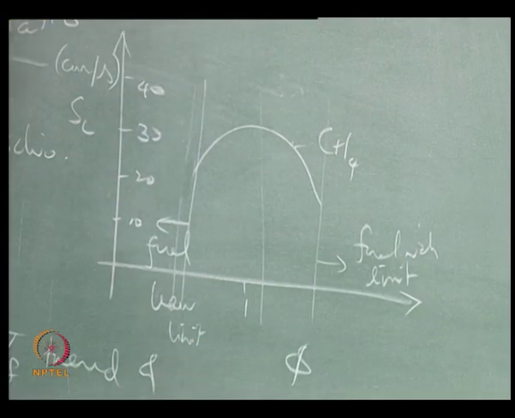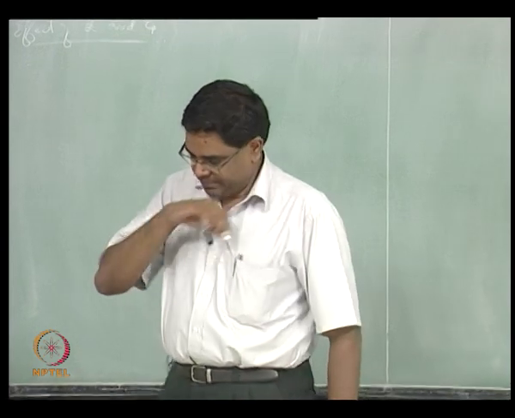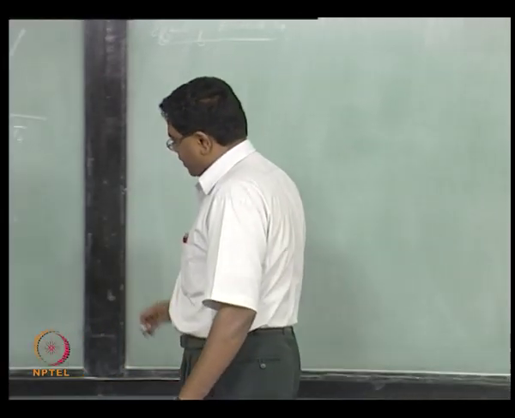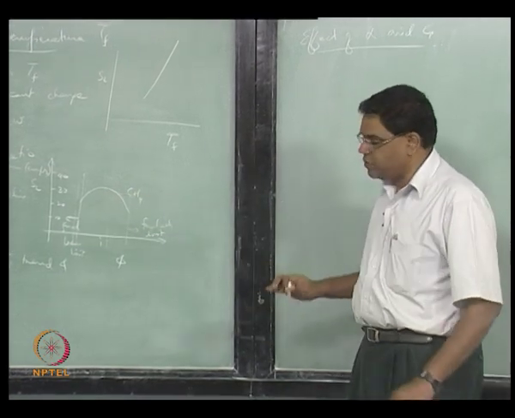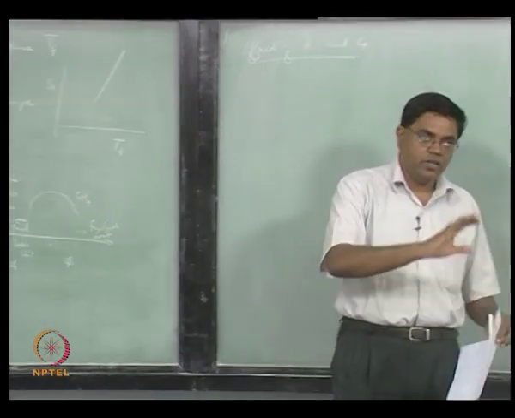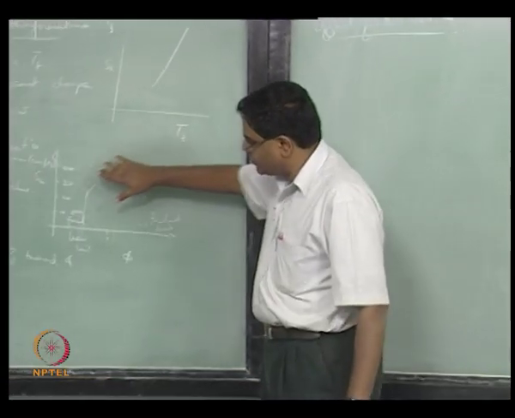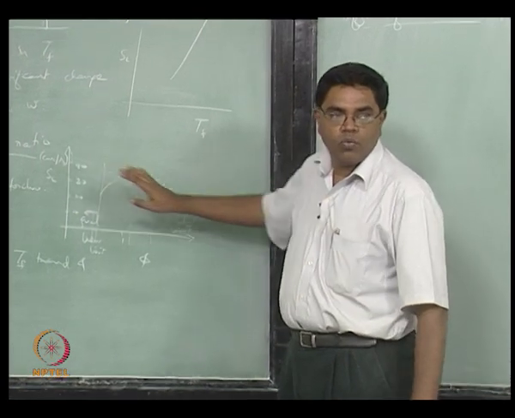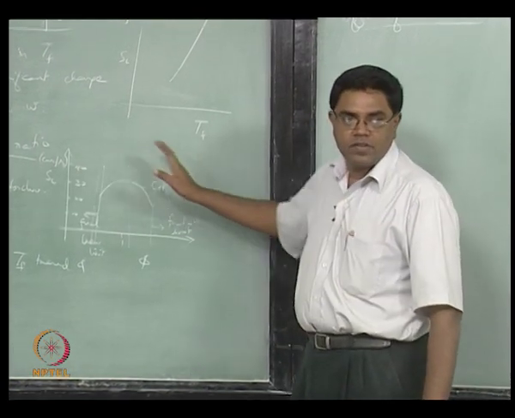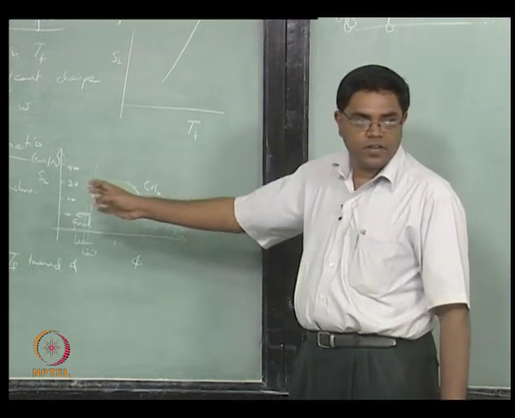That means if you now have too much of either fuel or oxidizer, the flame is not going to propagate, and that's called the flammability limit, and we will talk about flammability limits separately later on, but we have to keep this in mind that this curve is going to actually hold only over a range of phi around 1, significantly around 1, it's not like just around 1, but not too far away on either side. Okay.